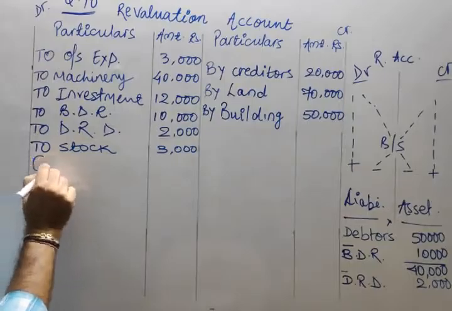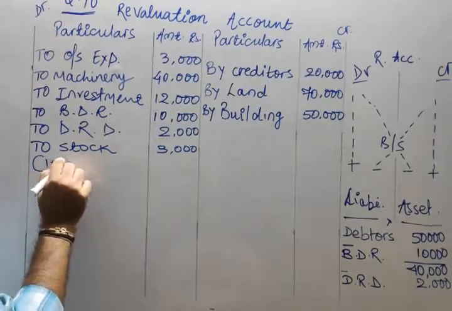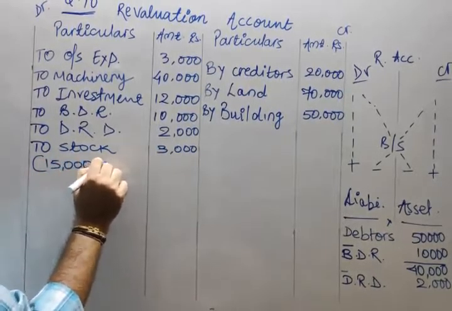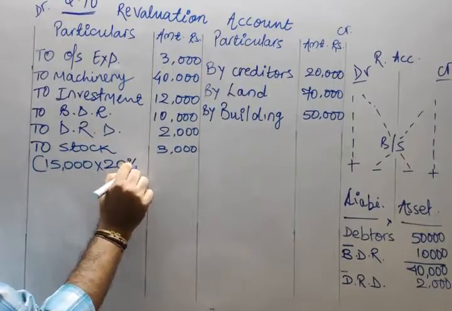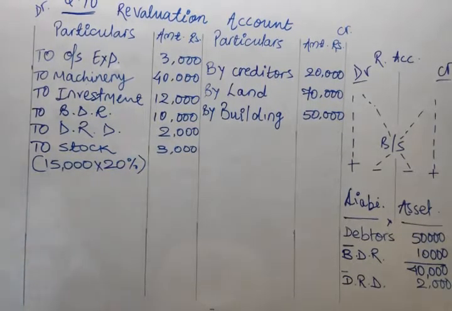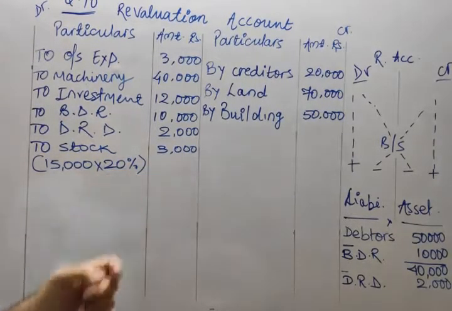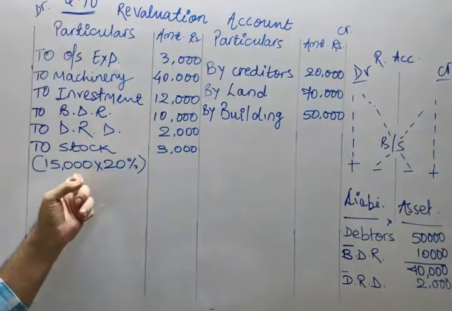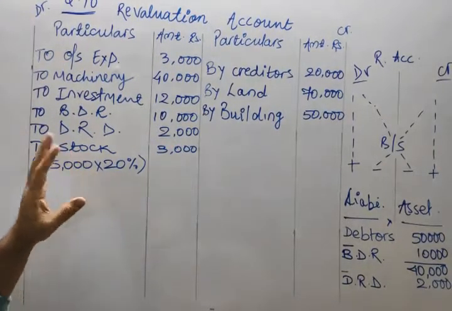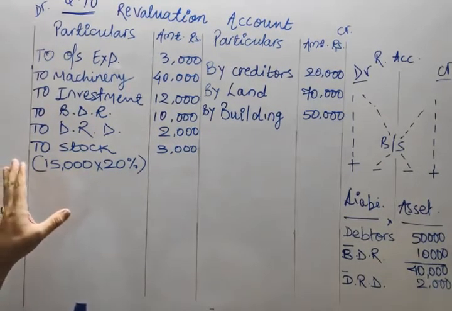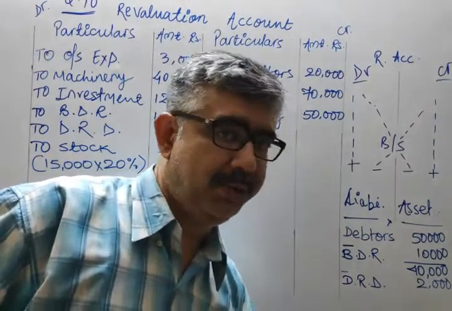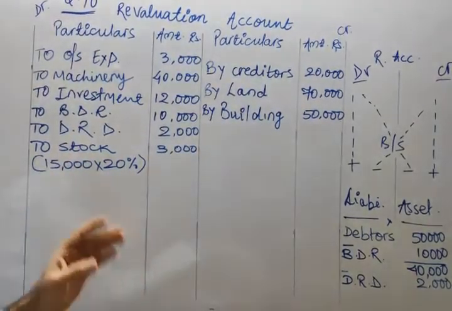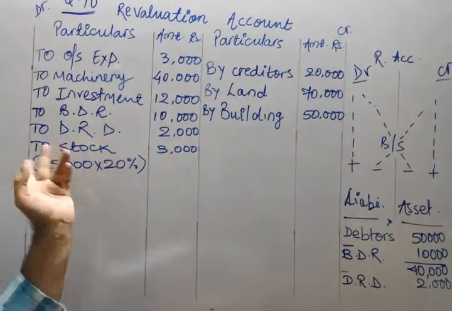How will it come? 15,000 into 20%. Very, very simple. Okay? No need to show this. Just to make you clear I am doing this. For you people, okay, at present you must do it, but in exams such brackets are not needed.